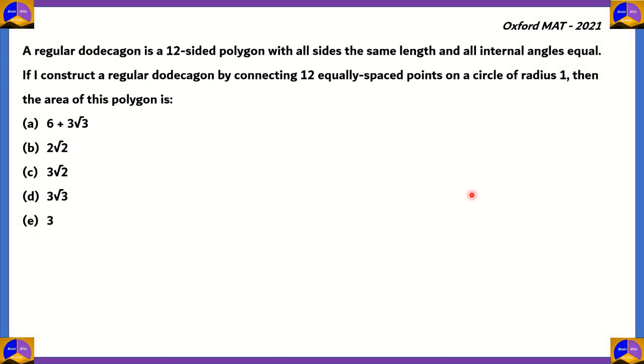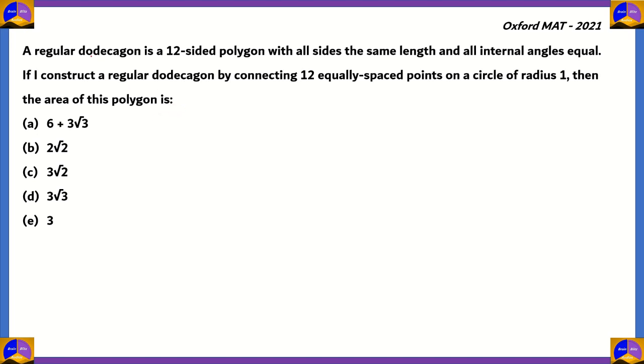So let's start off. A regular dodecagon is a 12-sided polygon with all sides the same length and all internal angles equal. If I construct a regular dodecagon by connecting 12 equally sized points on a circle of radius 1, then we need to find out the area of this polygon.